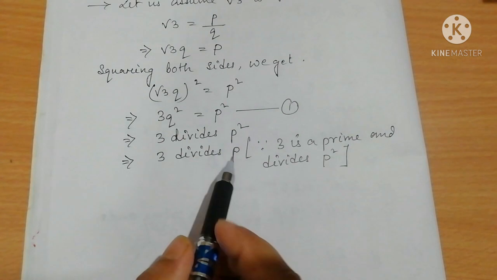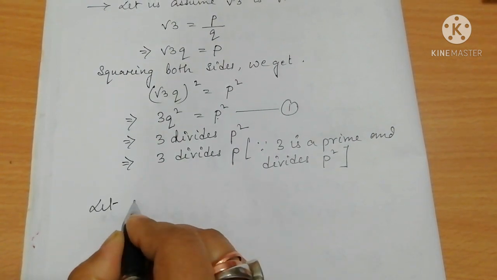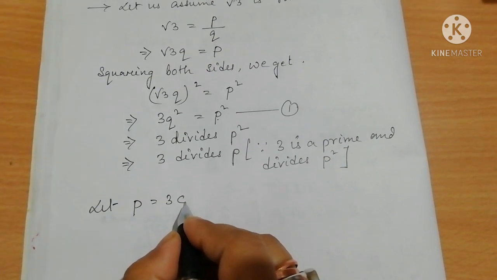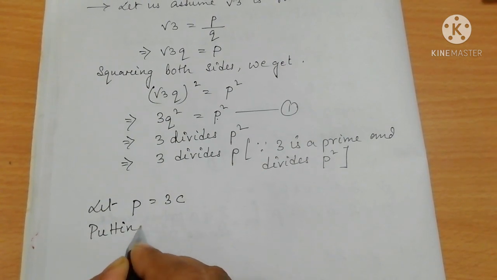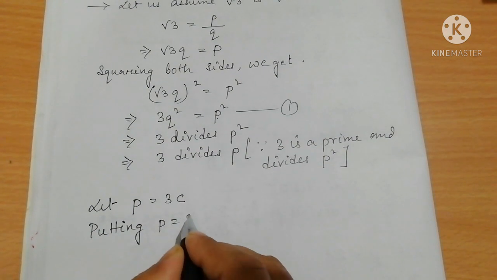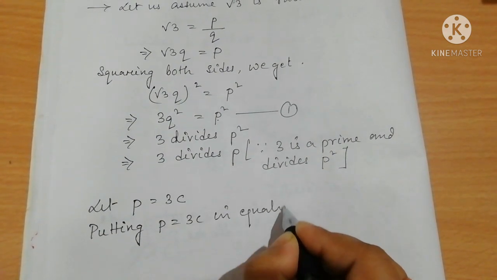Next, let us consider this P as 3C. So let P equal to 3C. Putting P equal to 3C in equation 1.